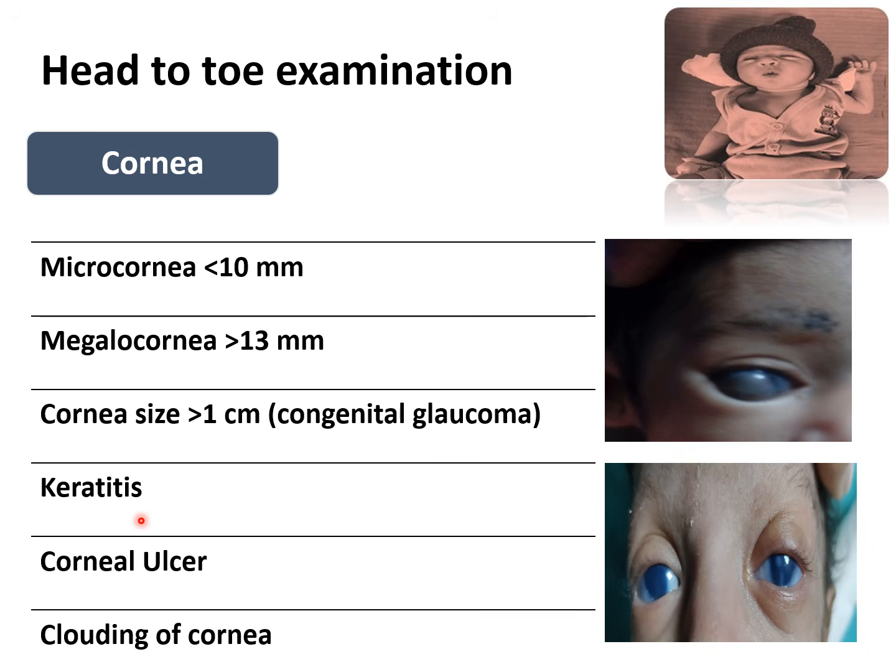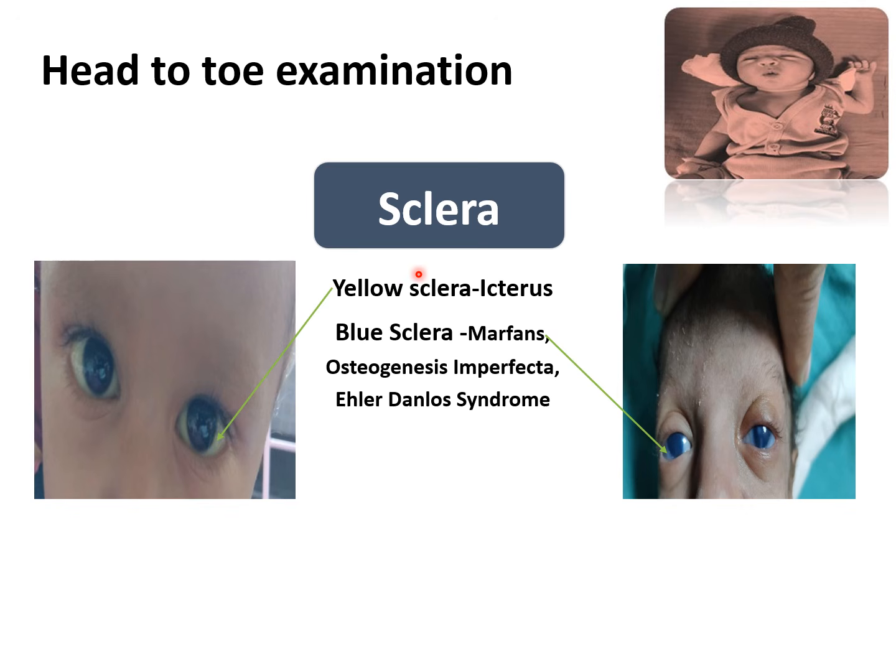And see any keratitis or corneal ulcer or clouding of cornea. So here you can see the corneal clouding is present. Then check the sclera for yellow discoloration, and blue sclera can be seen in Marfan, osteogenesis imperfecta, and Ehlers-Danlos syndrome. So we have to check the sclera for any discoloration.